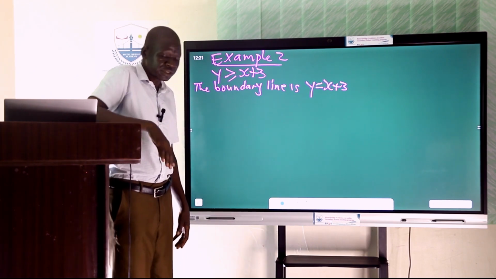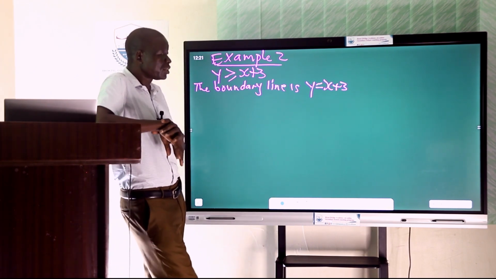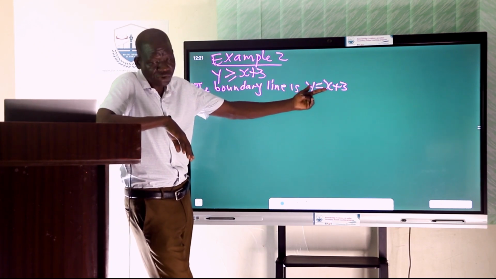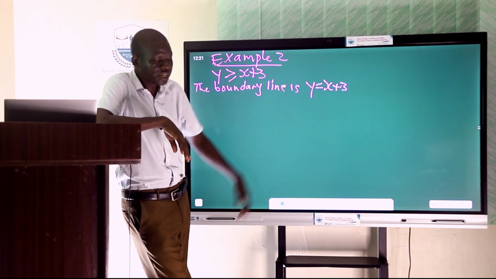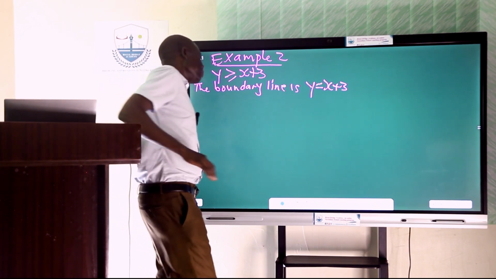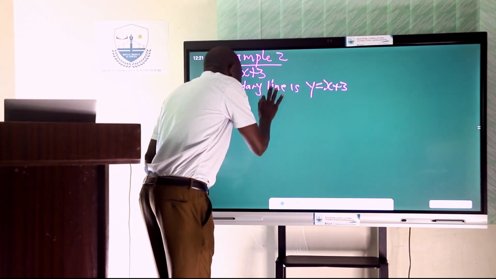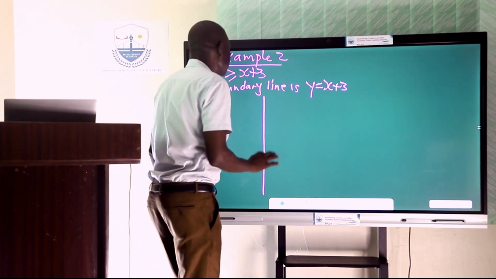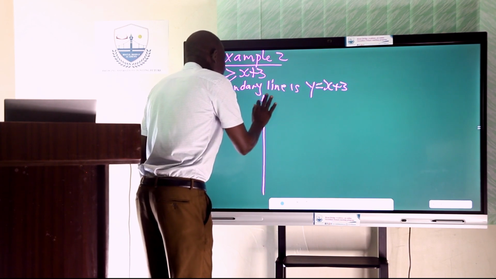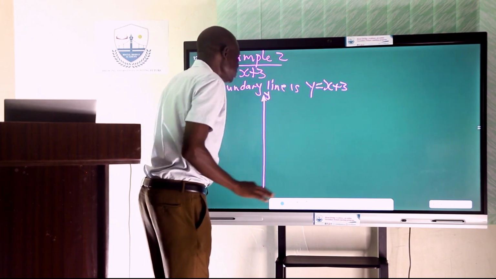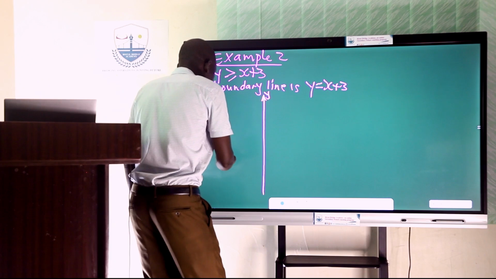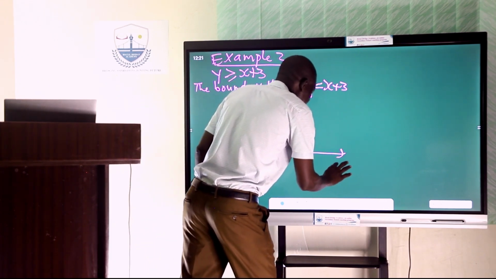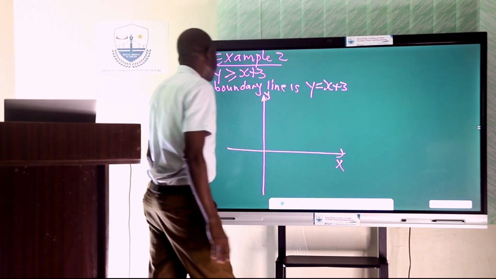Now, after that, the next step is plotting. We now represent this line on a graph. We draw the boundary line on the graph, so we are going to sketch the graph. This is how it looks. We have the y-axis, then the x-axis here.